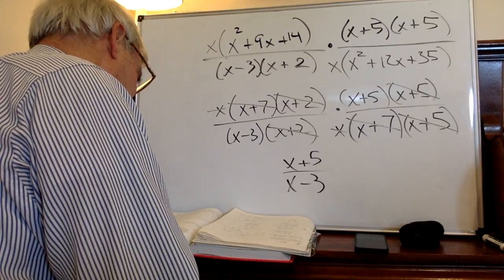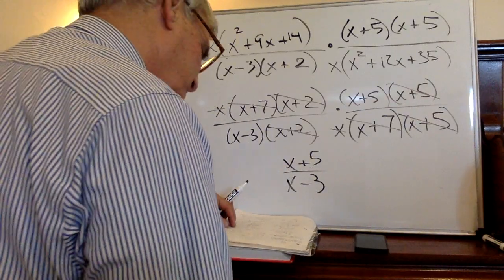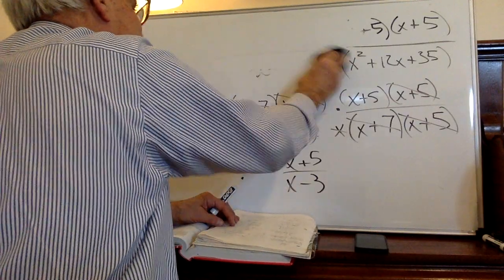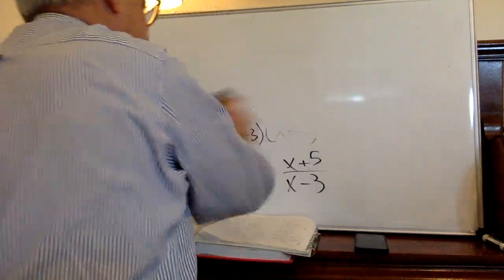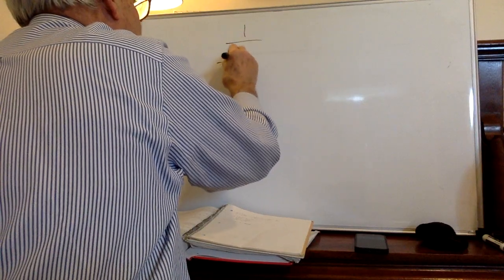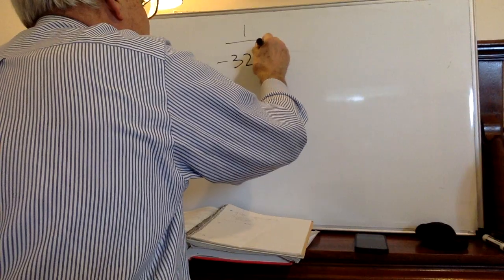Okay? Number 17. Next problem, number 18, 1 over negative 32 to the 4/5.